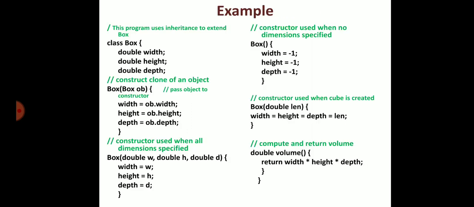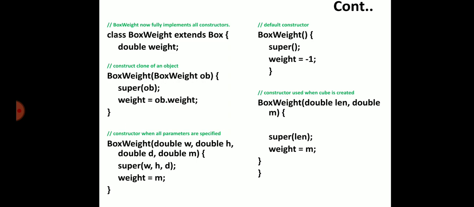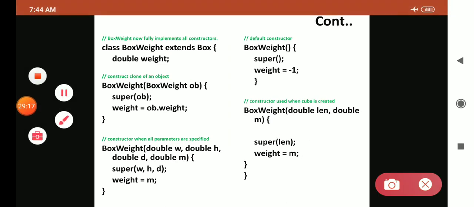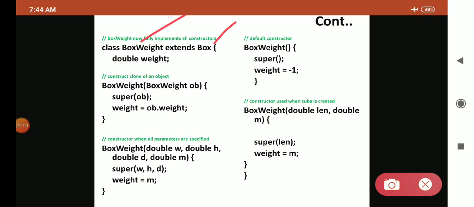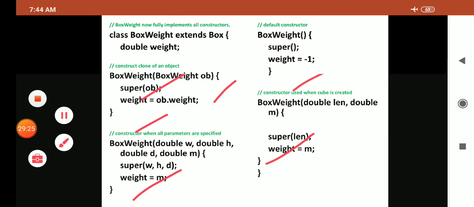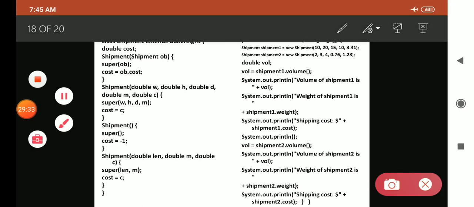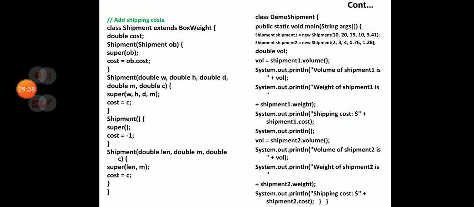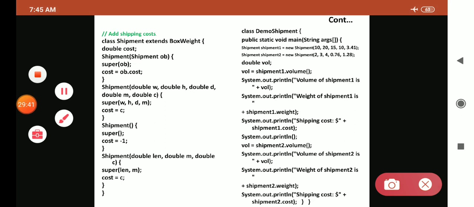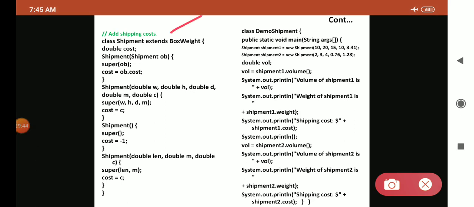So this is the Box class and this is BoxWeight, with its constructors. Then we go for the next. Here we are adding the new thing, the shipping cost. See, class Shipment extends BoxWeight, so it is again inheriting the second class BoxWeight.